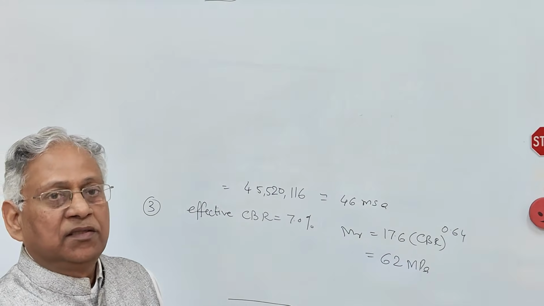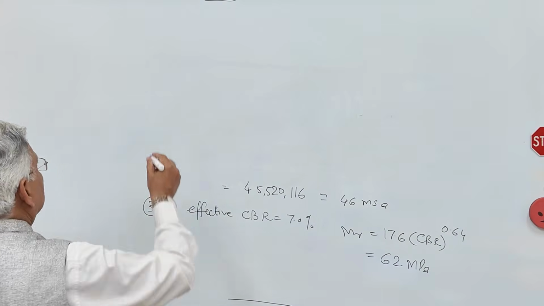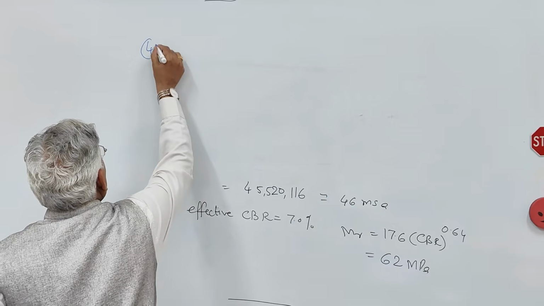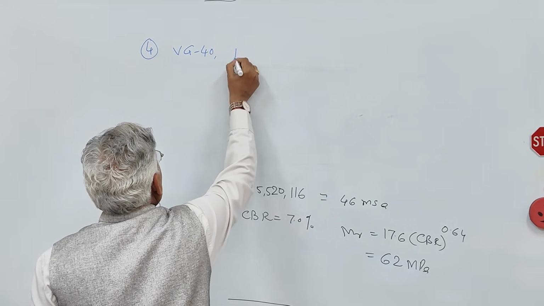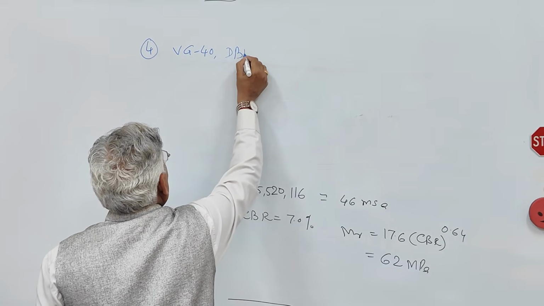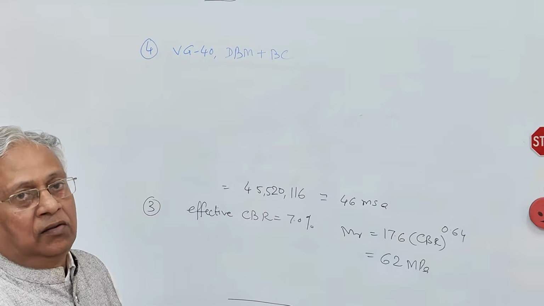The fourth step is to select a trial section, and let us assume that during construction we will be using VG40 binder, and the bituminous layer will be one layer of DBM, and above that a bearing course of bituminous concrete.